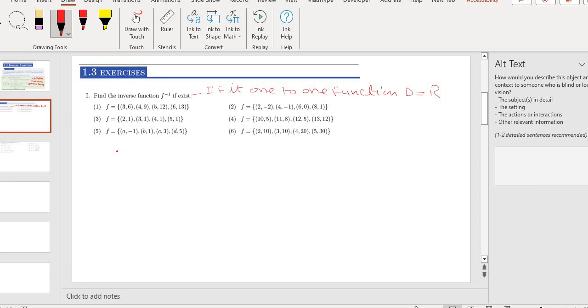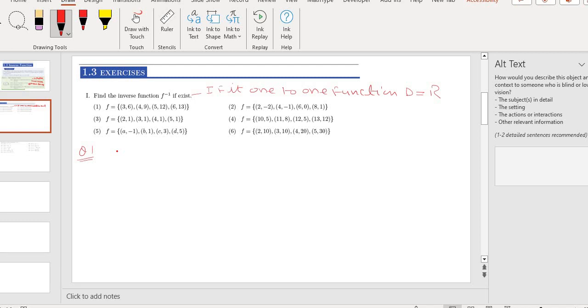So first of all, we need to check whether question number 1, 2, 3, 4, 5, 6 is one-to-one. If it is one-to-one, then we can write the inverse function. First of all, I am going to check question number 1. We need to check first whether it is one-to-one or not.